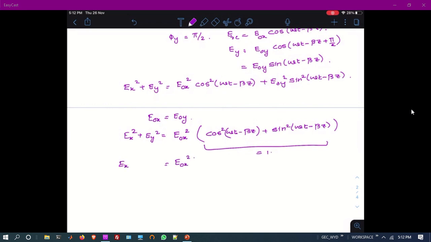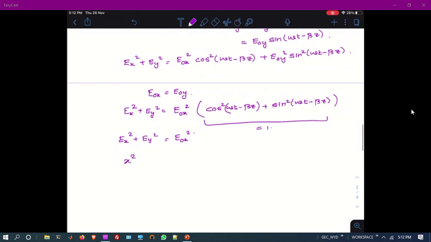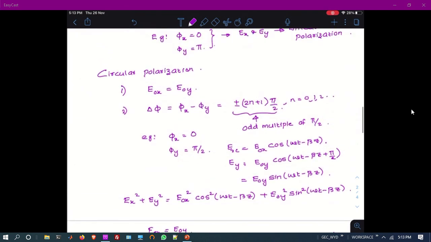So basically Ex square plus Ey square is equal to Eox square, which is similar to the equation x square plus y square is equal to r square, the equation of a circle with center 0, 0 and radius Eox. So the locus of the tip of the electric field will follow circular polarization if the magnitude of the components of the electric field along x and y are the same, and the phase difference between the components is an odd multiple of pi by 2.